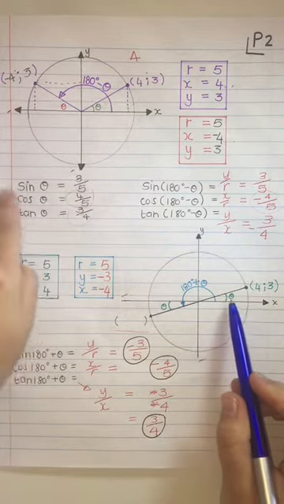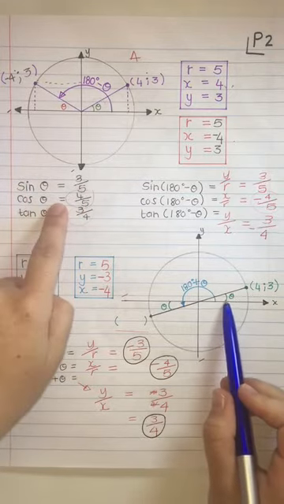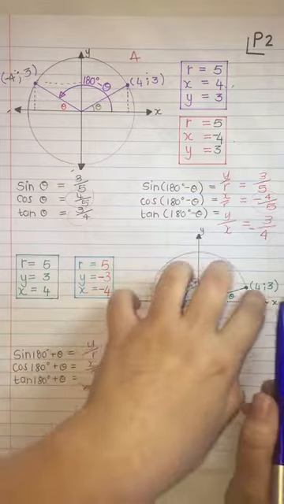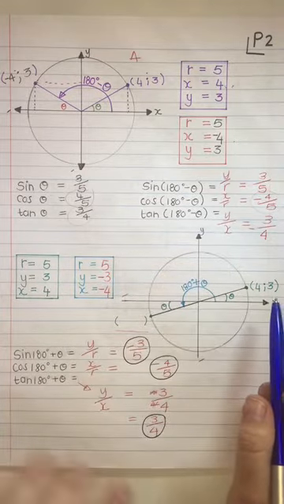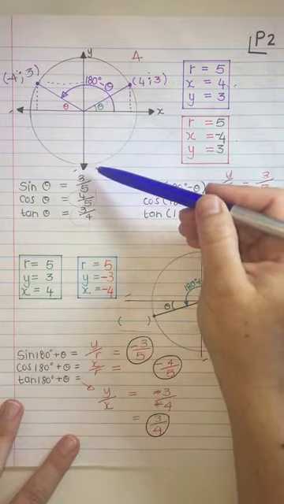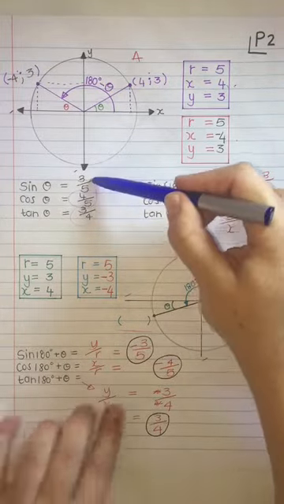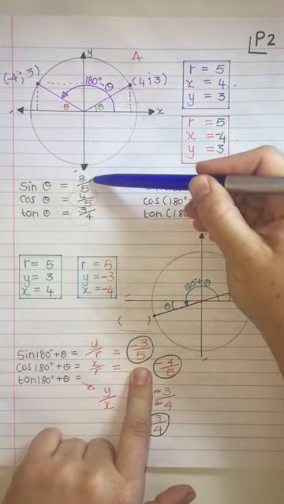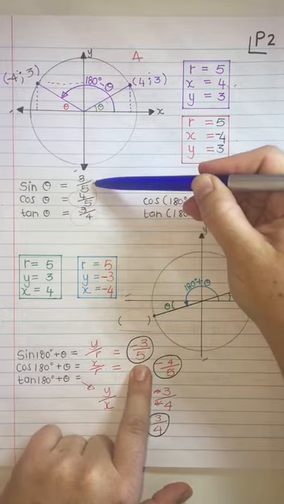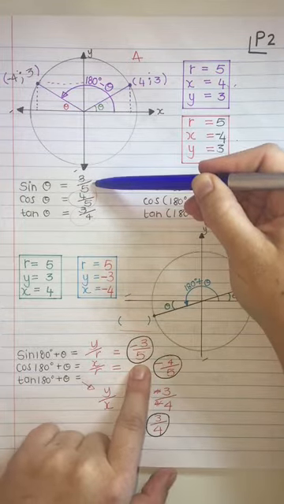So these answers will match the answers that we work out for this little sketch. That's why I'm using it here. 3 over 5 for sin theta. Here we have sin for 180 degrees plus theta is negative 3 over 5. So it's exactly the same answer, only the signs differ.